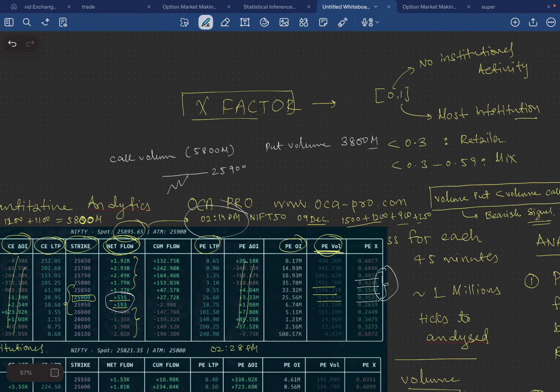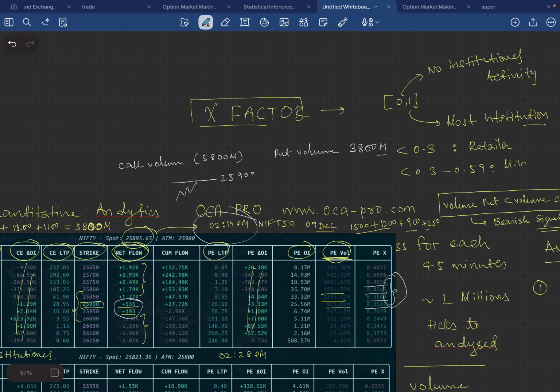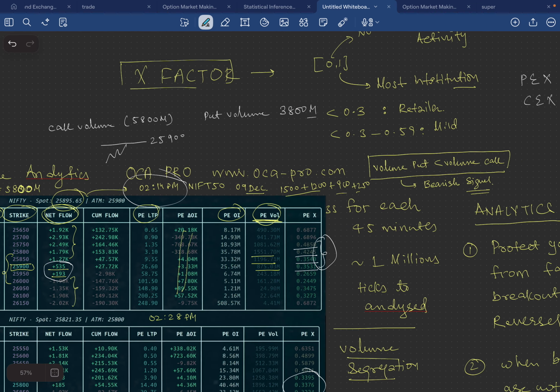Okay, the institutions will be there, a mild amount of institution. And then whenever it grows more than 0.6, you will have the better conviction that more institutions are participating.